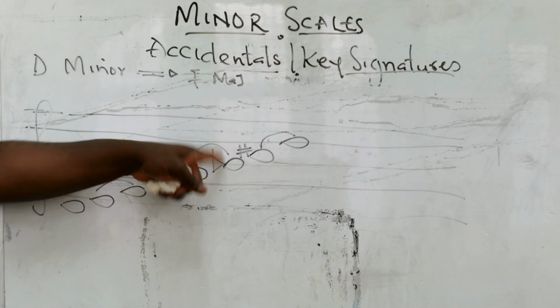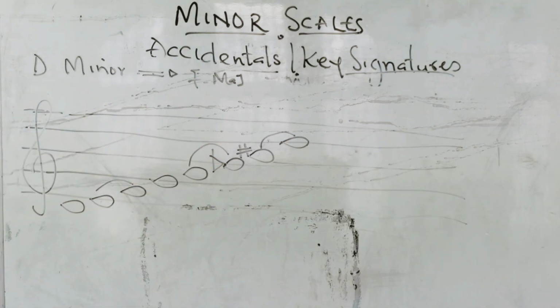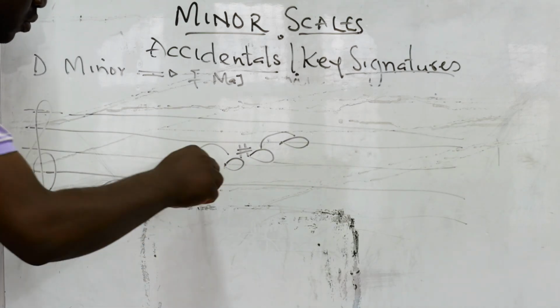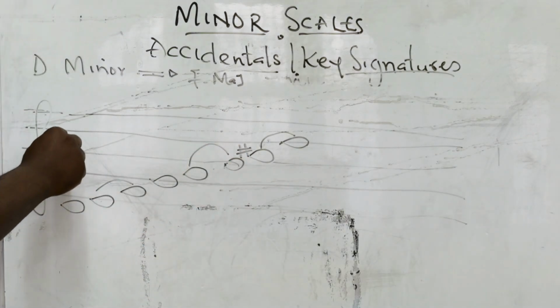Because you see the B flat is in there. But if you are told to do this as key signature, what do you do? You remove the flat and put it on that line.